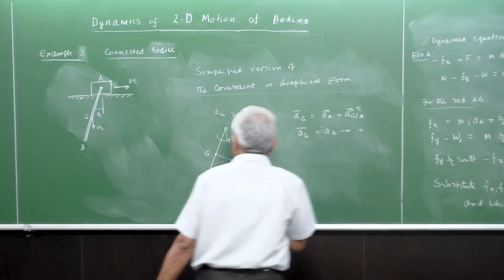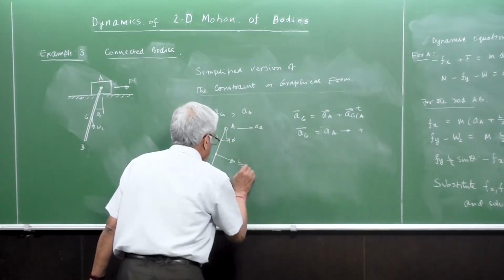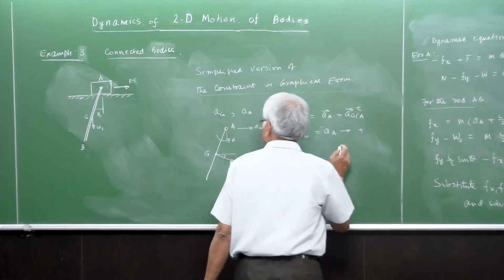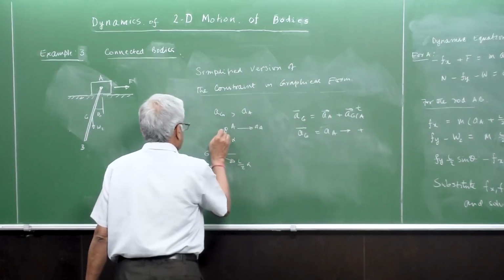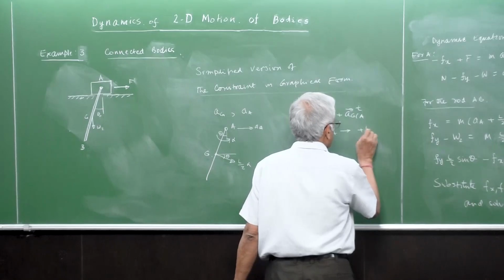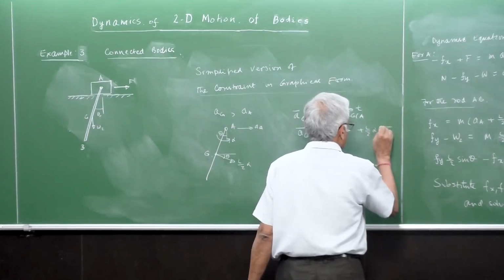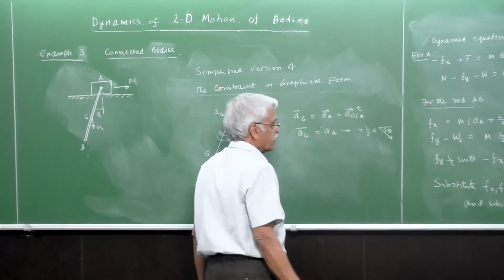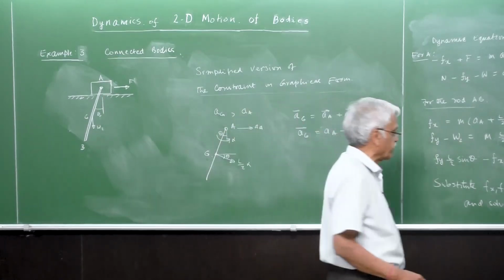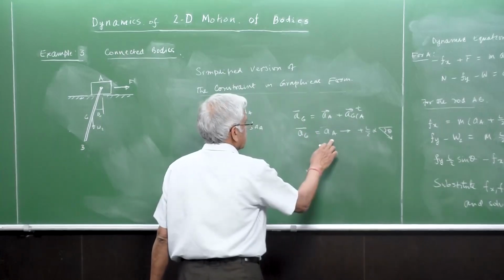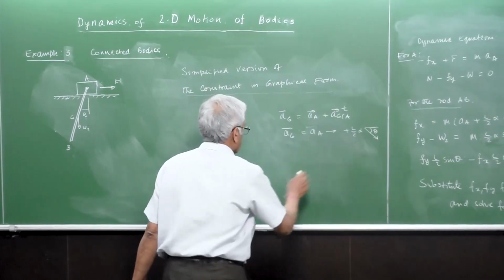That is nothing but L by 2 times alpha at an angle of theta. This is how you can represent it in graphical form. The total acceleration of G is the acceleration of A plus this much.